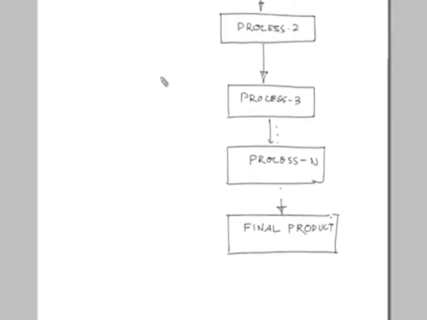Now, who will determine how many intermediate processes there are?